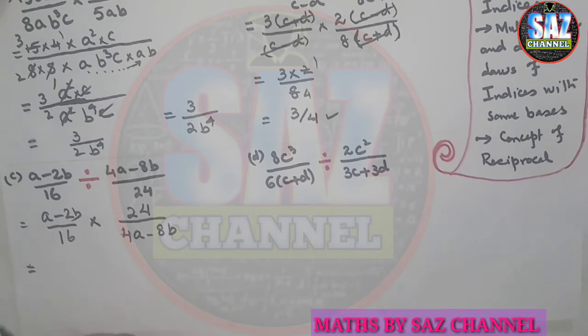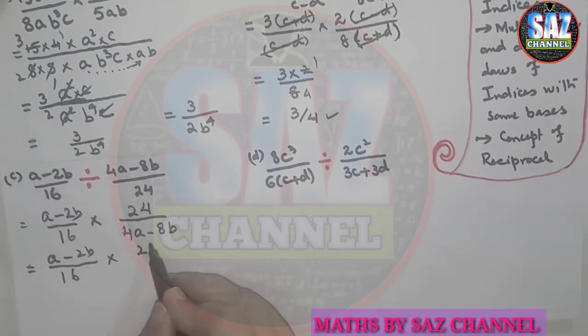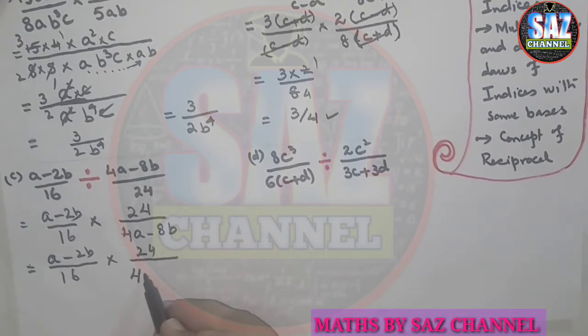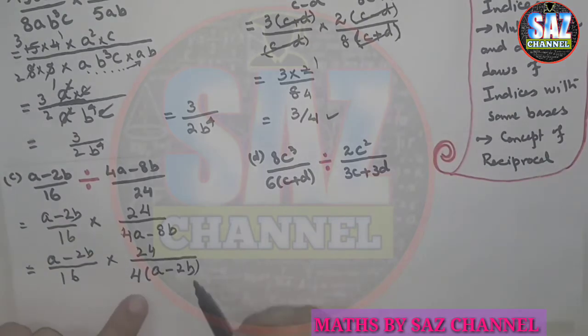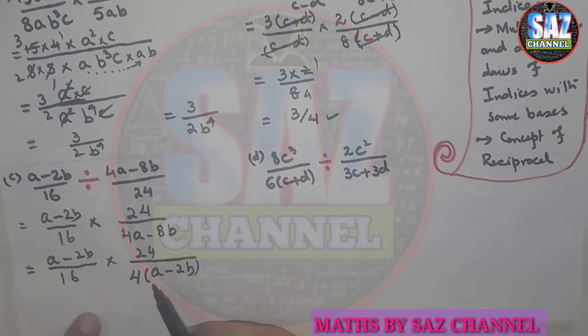Now 24 and 16 have common factors. Look at 4a minus 8b. I can extract 4 out, and inside the bracket I will be left with a minus 2b. Here you should have command on the factorization. I am extracting 4 out, and then inside the bracket I will be left with a minus 2b.